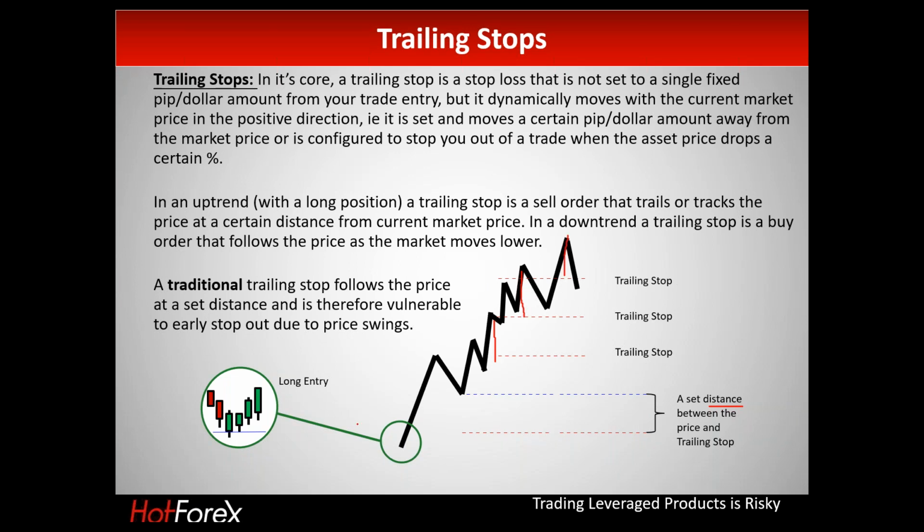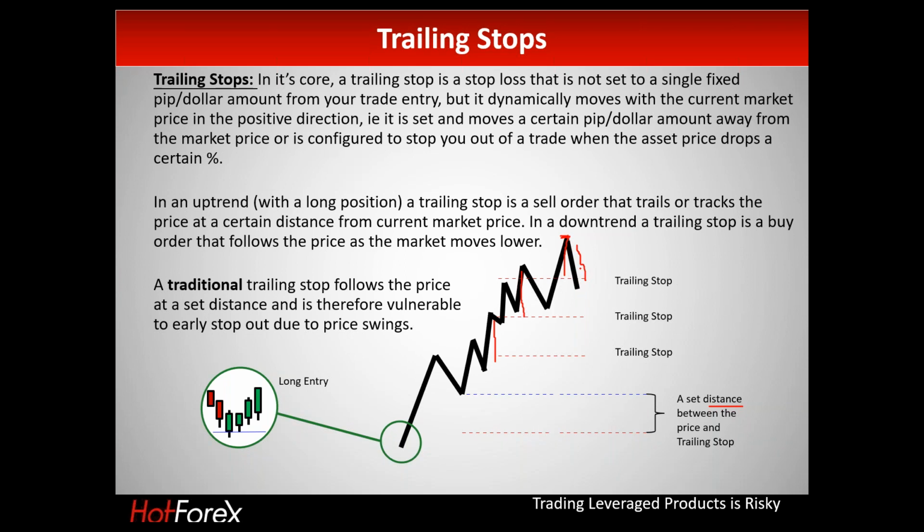However, when the price stops going up, but instead keeps going down, the stop loss remains at the level it was dragged to. So it was over here when the price was here, but then the price started moving down. So the stop loss is stuck over here.